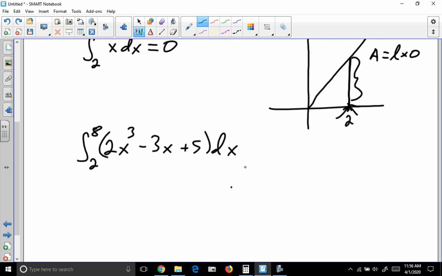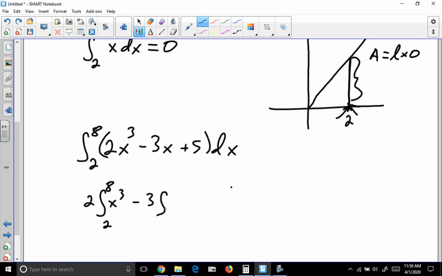So our properties of sums apply to our definite integrals because it's essentially the same thing. So when we have a sum with multiple terms, we can break it into separate sums. So if we have a definite integral with separate terms, we can break it up into separate definite integrals, and we can put our coefficients in the front.